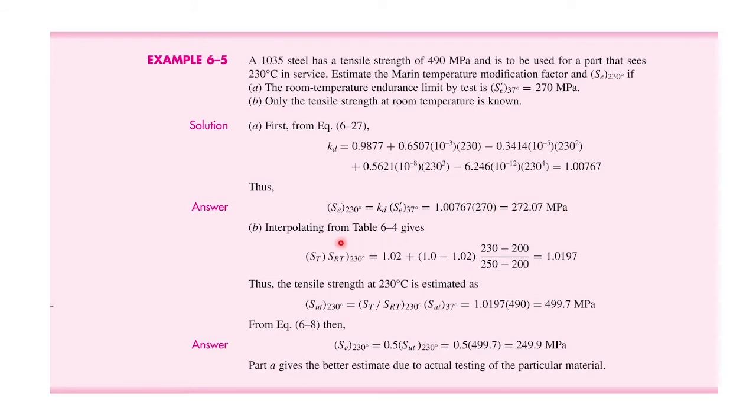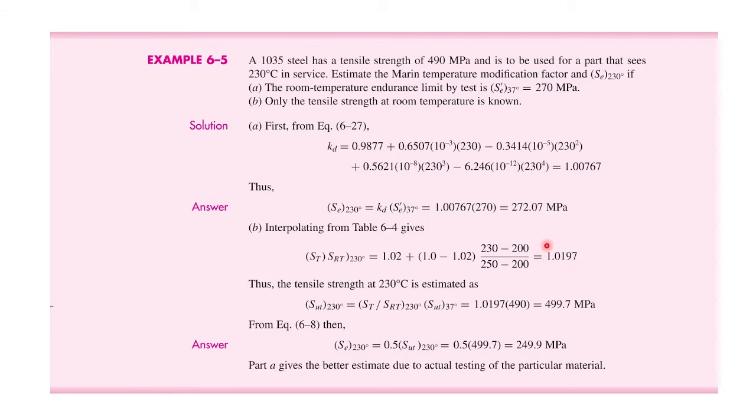Now the second point: if the information available to you is the ultimate tensile strength at room temperature, in this case you would use the table that I've just shown you. At 230 degrees you won't find it, but you will find 200 and 250, so you do linear interpolation to get this ratio. So S_T divided by S_RT is 1.0197.